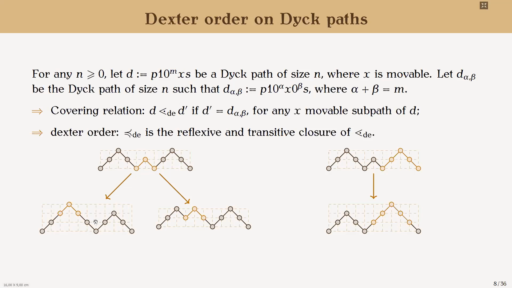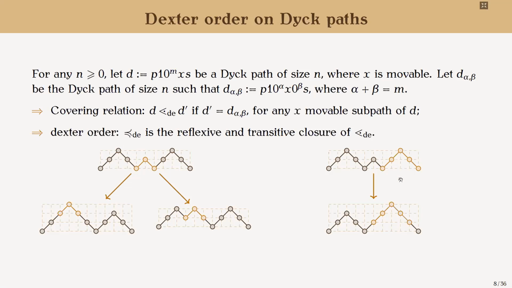Either you can move it from just 1, 0. So it makes this X here, this subpath here, and this gives this Dyck path here. Or you can move it by 2 down steps. So just here, and you get this Dyck path here.